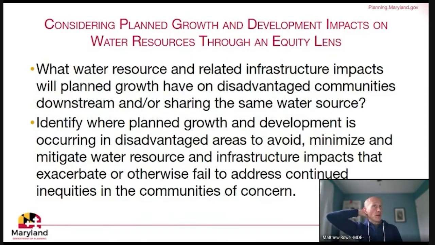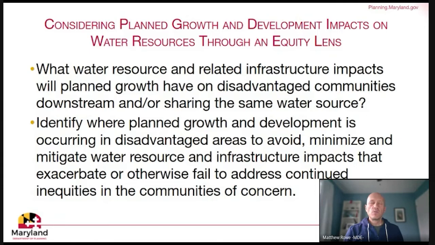One thing, too, and there's not a lot on it because it's such a new area, but we know that equity considerations are something we're broadly concerned about nowadays. So, how do you use an equity lens as you're considering planned growth and development and what the impacts to water resources may be?